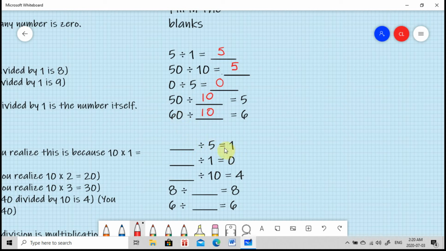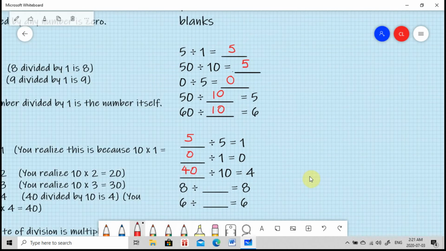Now what about this one? If you don't know how to do this, remember that division is the reverse of multiplication. So you can take 5 times 1. 5 times 1 is 5. 1 times 0 is 0. 10 times 4 is 40.